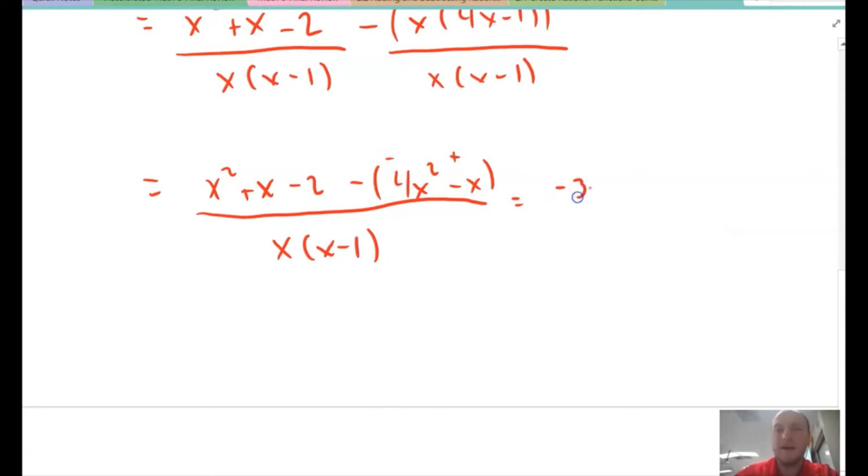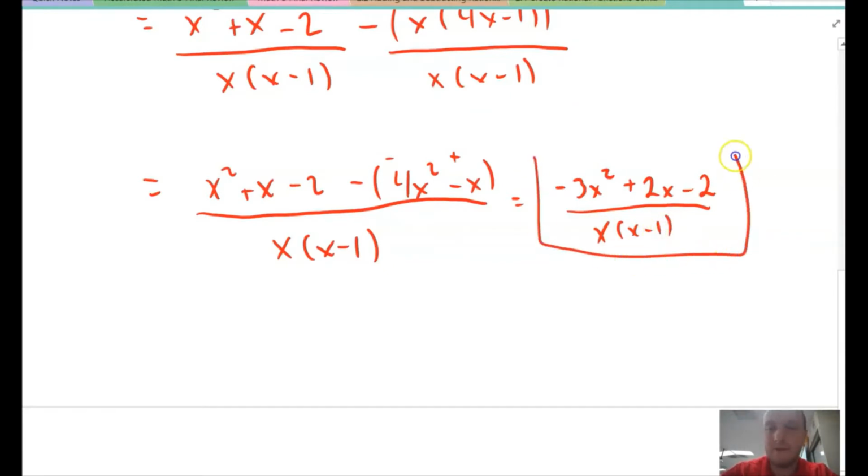So we have negative 3x squared when combined with our x squareds. Over here, we get plus 2x and minus 2, all over x times x minus 1.